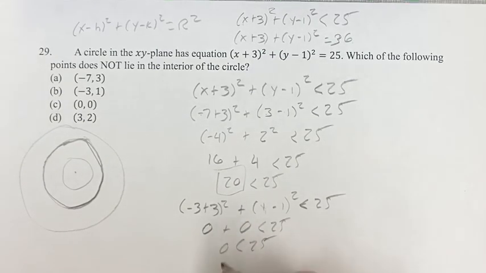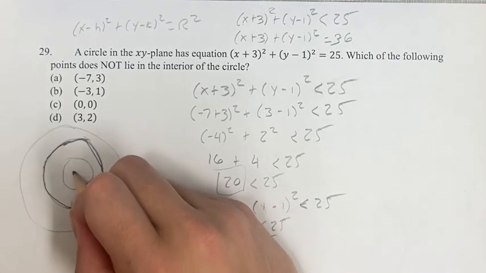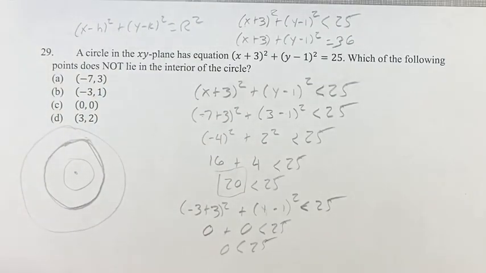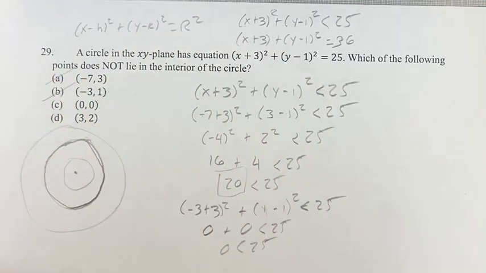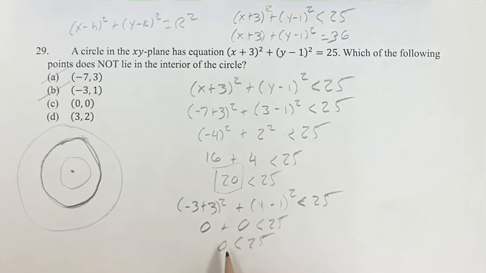So what does it mean for the radius of this circle to be 0? Well, that means this point is actually just the center of the circle. So these points are both in the interior. The center is obviously in the interior of the circle, which is supported by the fact that 0 is less than 25.